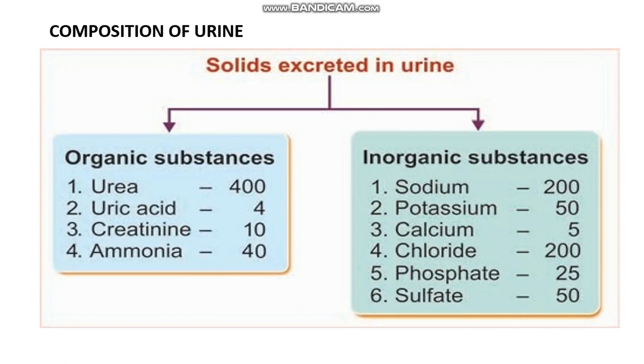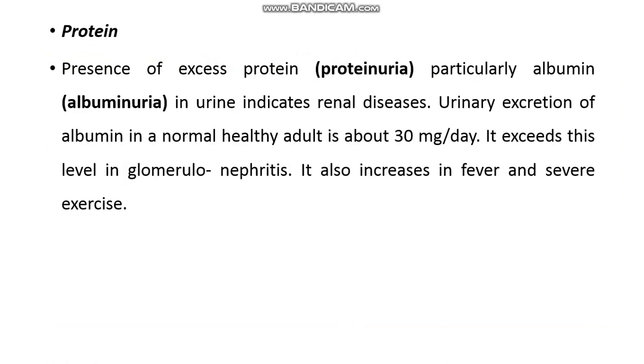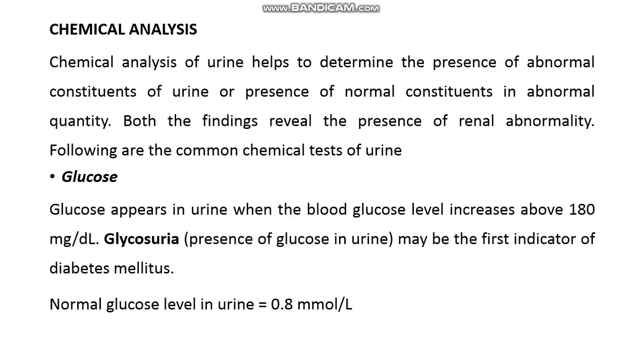So these are the important composition of the urine, that is urea. Organic substances include urea, uric acid, creatinine, ammonia, and inorganic substances include sodium, potassium, calcium, chloride, phosphate, and sulfate.